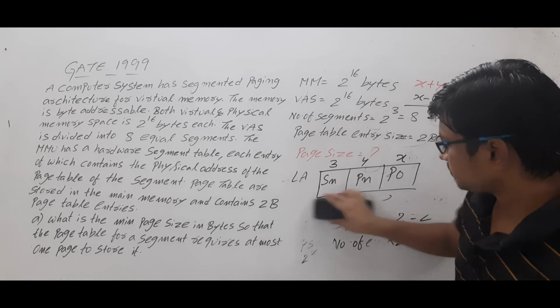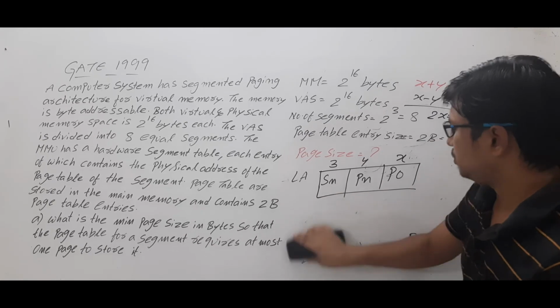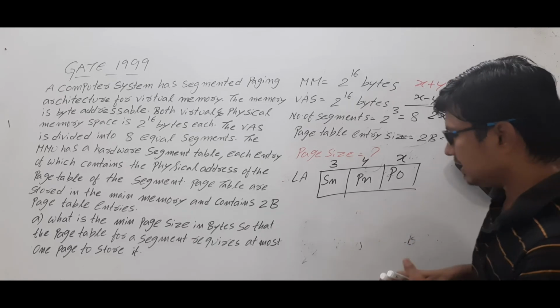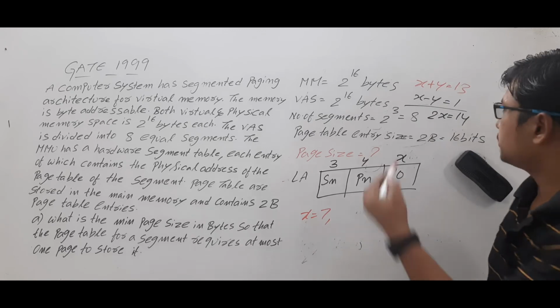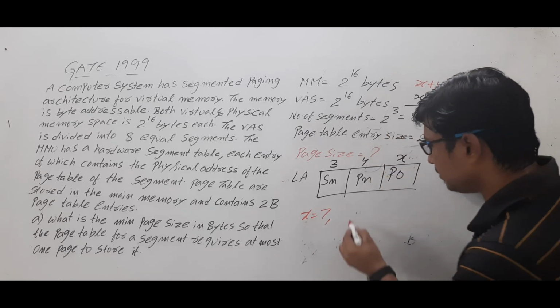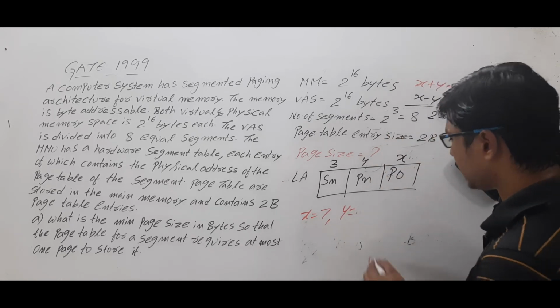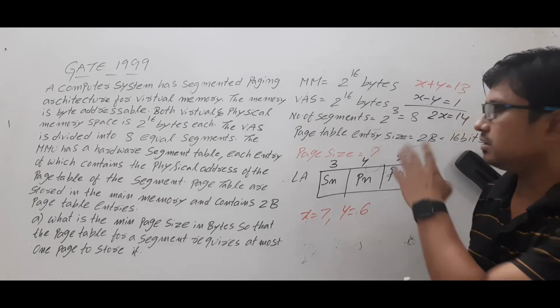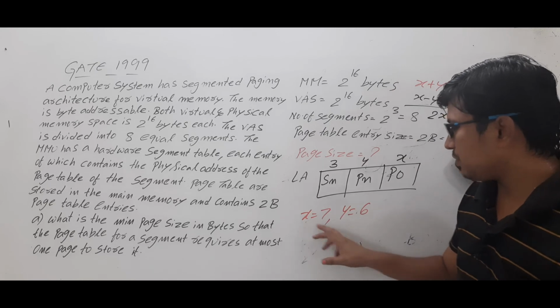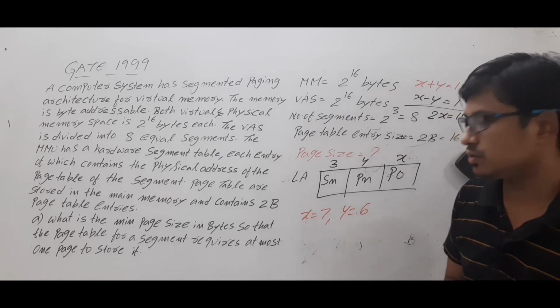Okay. So if I simplify this equation, I will get the x value equal to 7. Similarly, if I substitute the x value and try to find the y value, I will get the y value as 6. Is it clear? If you have a doubt, you can cross check it also. So x value is equal to 7 and y value is equal to 6.